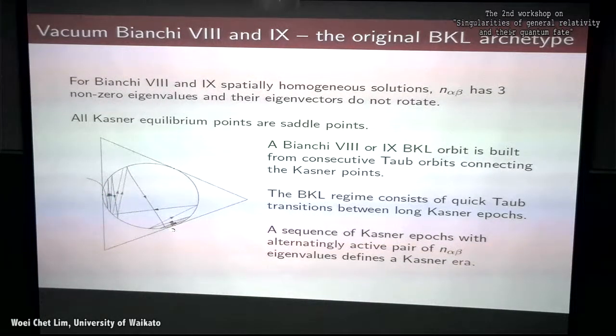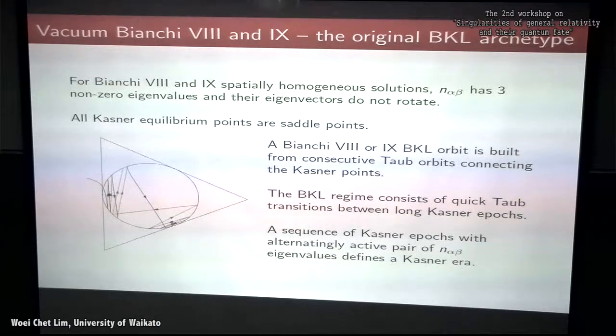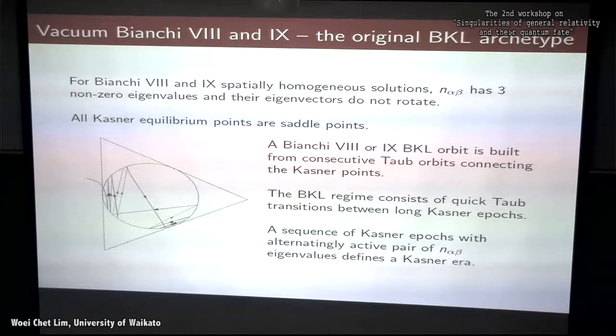Eventually, you come to a point where another pair, the red and green eigenvalues are active. Then you start to call that next Kasner era. And each fixed point here represents one Kasner epoch. So a Kasner era is a string of Kasner epochs where a pair of n eigenvalues are active. And then when you switch pair, you enter another Kasner era.